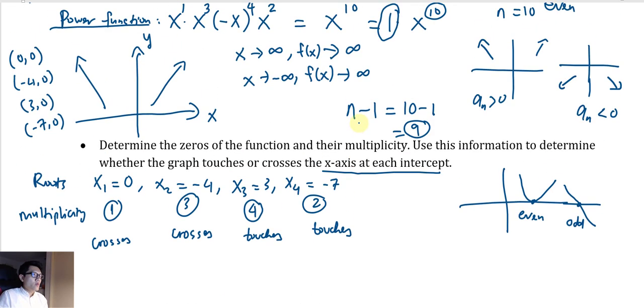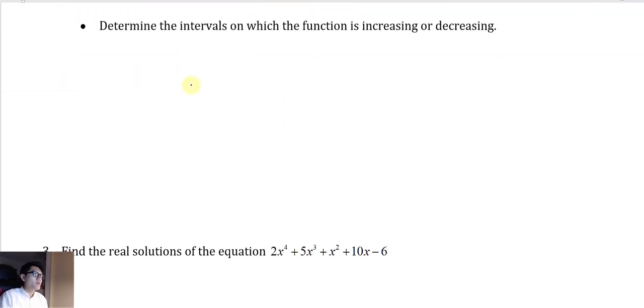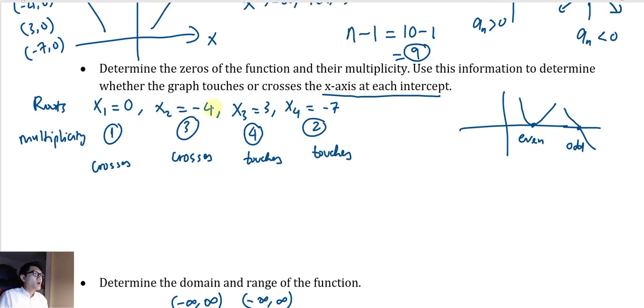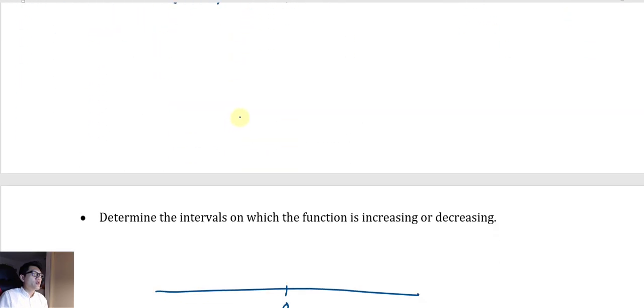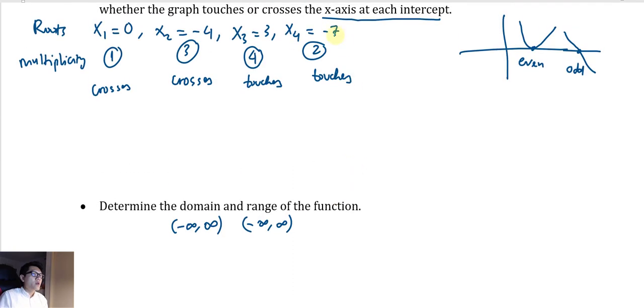Okay, so we know that the roots are 0, -4, 3, and -7. Let's plot it. 0, -4, right here, and then 3 is right here, and then the last one is -7.